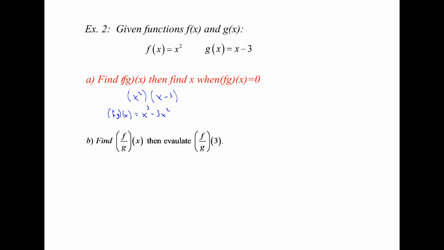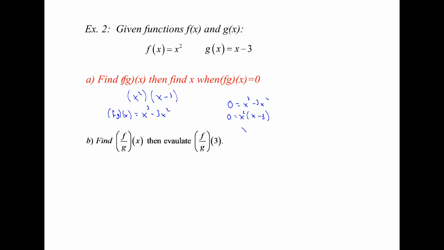And then we're going to evaluate. Now this one actually says f times g of x is equal to 0. So we're going to plug 0 in for f times g of x, which is 0 equals x cubed minus 3x squared, and now we'll have to solve this. We can factor out an x, actually an x squared, so that will leave us with x squared times x minus 3.